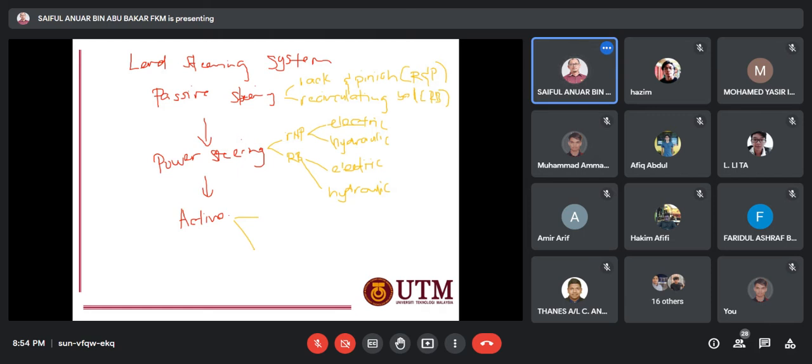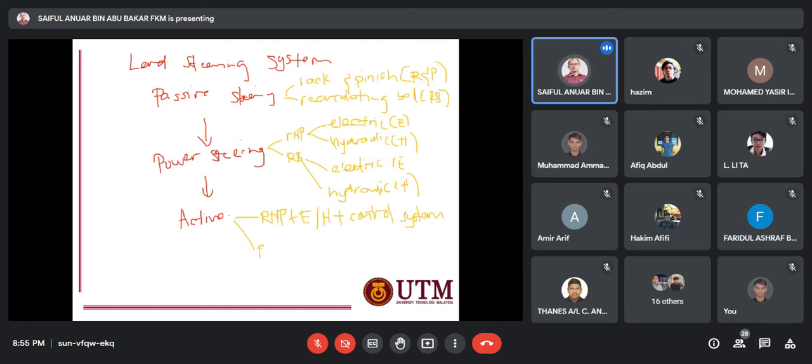I'm going to simplify electric as E and hydraulic as H. Same thing for active: you still use rack and pinion plus electric or hydraulic, plus a control algorithm, a control system.